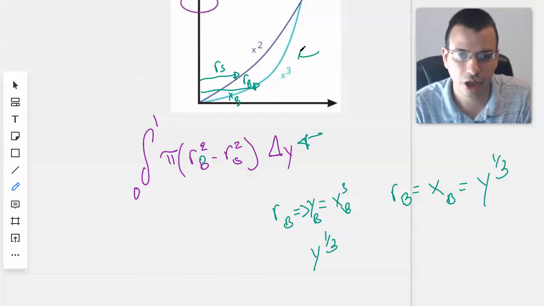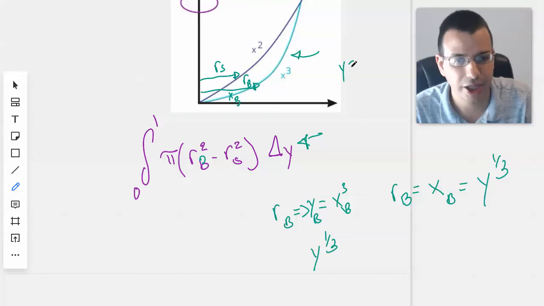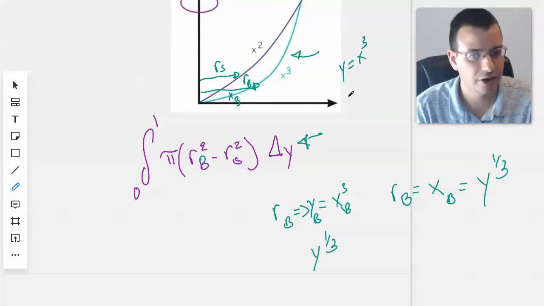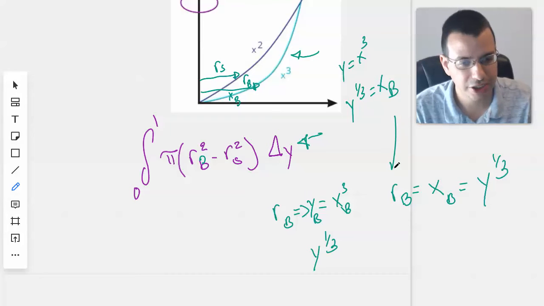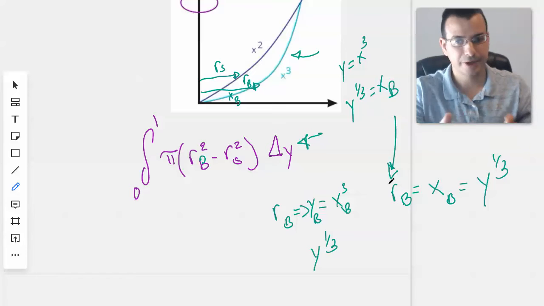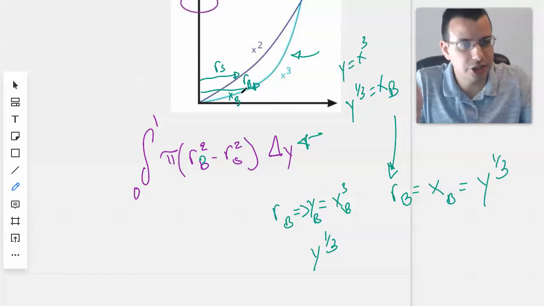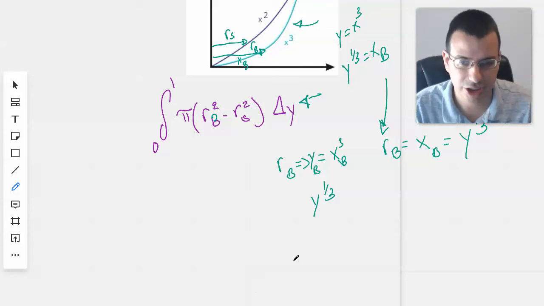So this graph right here is represented by y equals x cubed. To rewrite that in terms of y, it would be y to the 1/3 equals x. And this x right here is radius big. So that's going to be this distance right here, which is the same as the x value. We're going to do the same thing for the radius small.